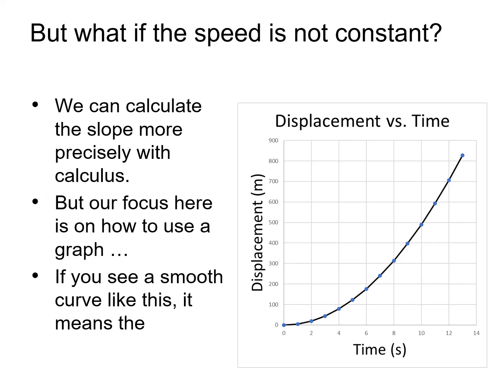Now, as I said, you could calculate the slope of this line at a given point. It's called a derivative. If you've had calculus, or if you take calculus one day, I'm sure that you will calculate lots of derivatives. For our purposes, we are going to either just approximate or just not do the math at all with a graph like this.